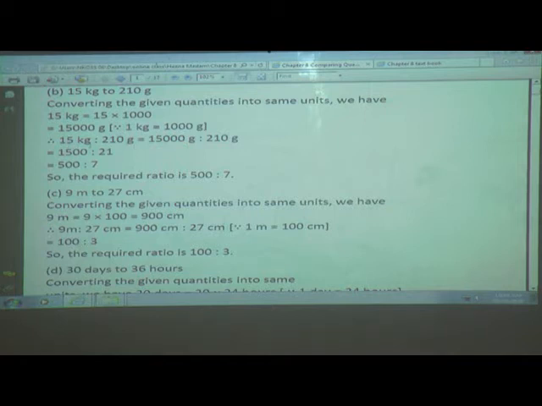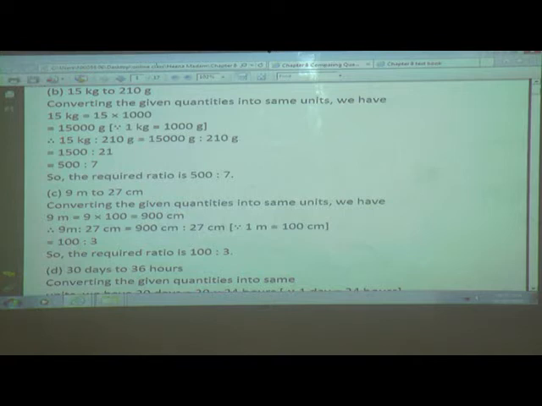In the place of 15 kg we will write 15,000 gram. Here, 15,000 gram ratio 210, I cancelled a 0 from each, and the ratio is 1500 ratio 21. After the reduction we get 500 ratio 7. So the required ratio is 500 is to 7.